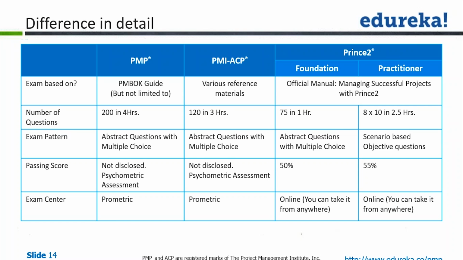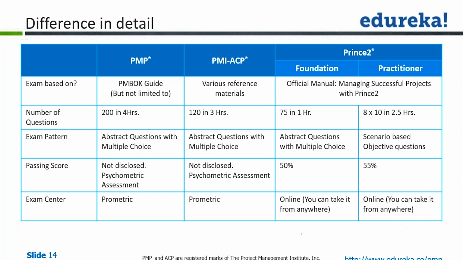That model is not disclosed, it's not open to the public, no one knows about that. But what you'll get is the grades, whether you are proficient, moderate proficient, or below proficient. And for the Prince2 examination, it is 50% for foundation and 55% is a passing score for the practitioner examination.